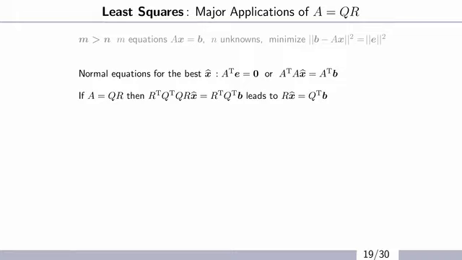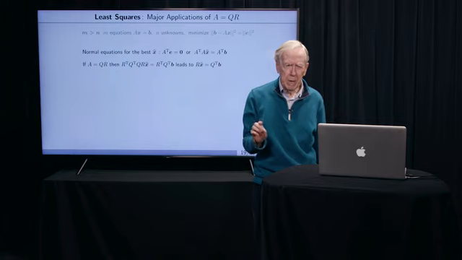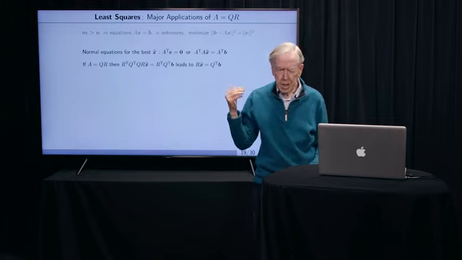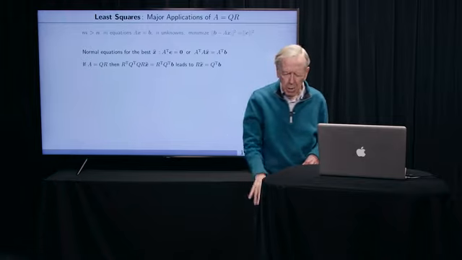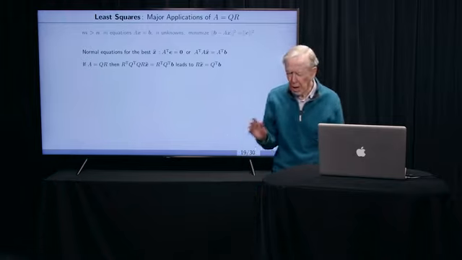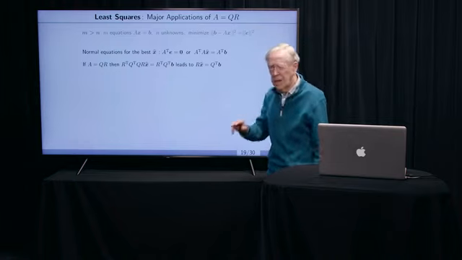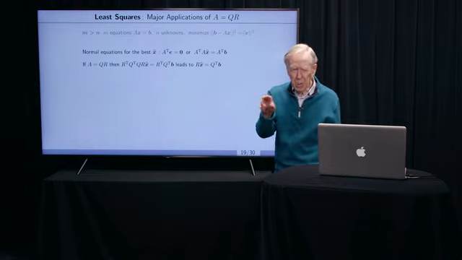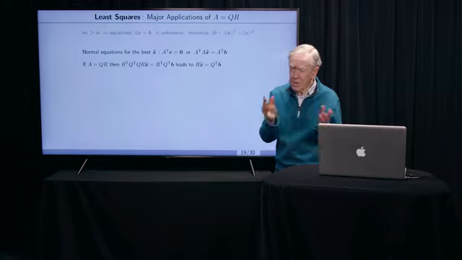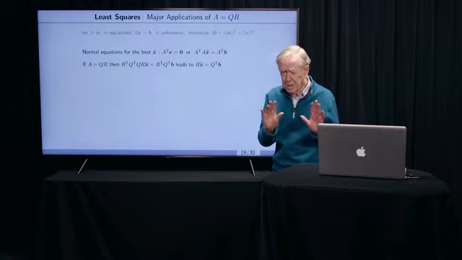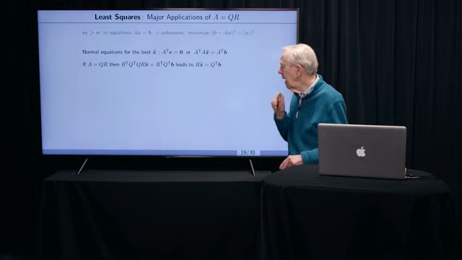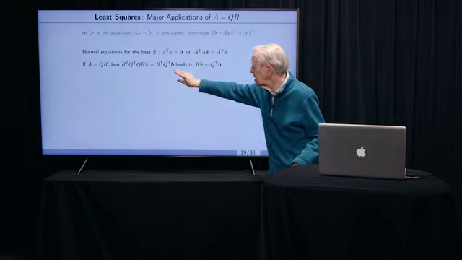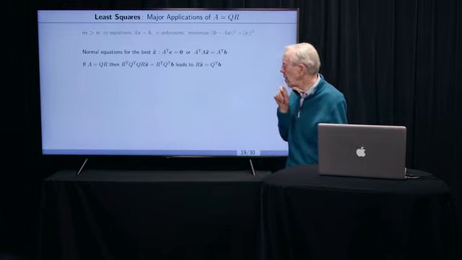So A transpose A is a terrifically important matrix. It's a square matrix. See, A didn't have to be square. I could have lots of measurements, many, many equations, a long, thin matrix for A. But A transpose A always comes out square and also symmetric. It's a great matrix for theory. And this QR business makes it work in practice.